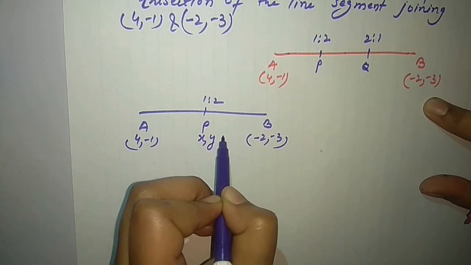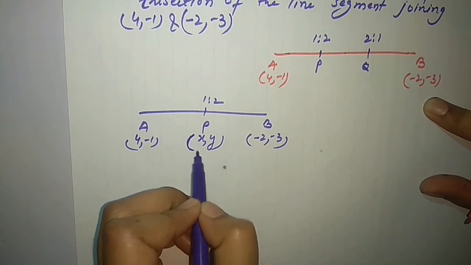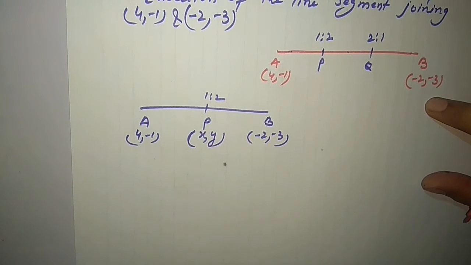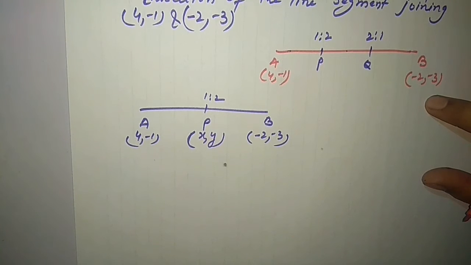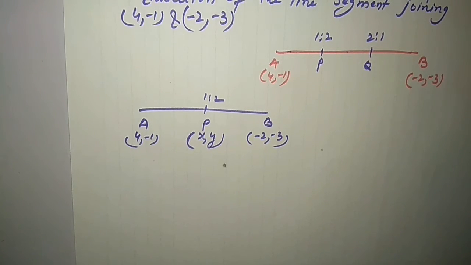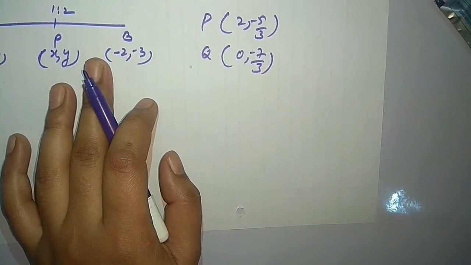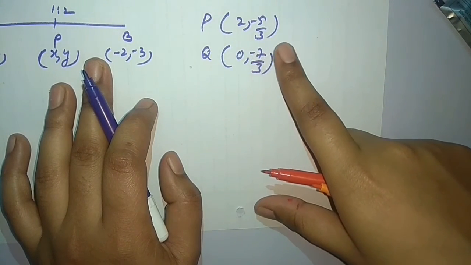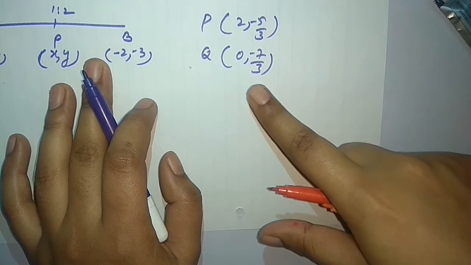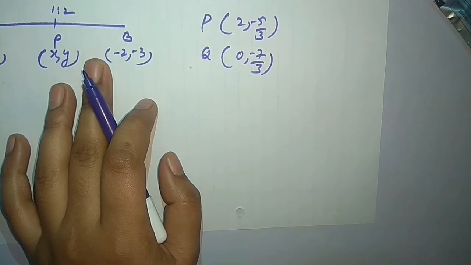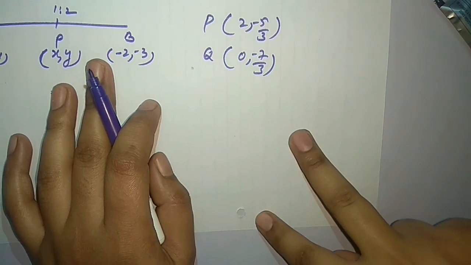You can apply the section formula there and find the coordinates of P. Similarly, we can solve for the coordinates of Q. On solving, we get P as (2, -5/3) and Q as (0, -7/3). You can solve it, and if you face any difficulty, comment in the comment section. I will then give you the solution of this question.